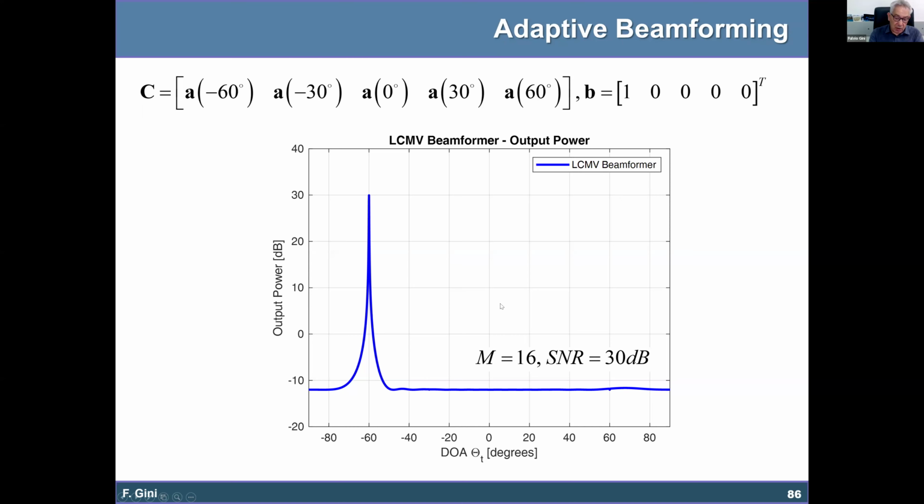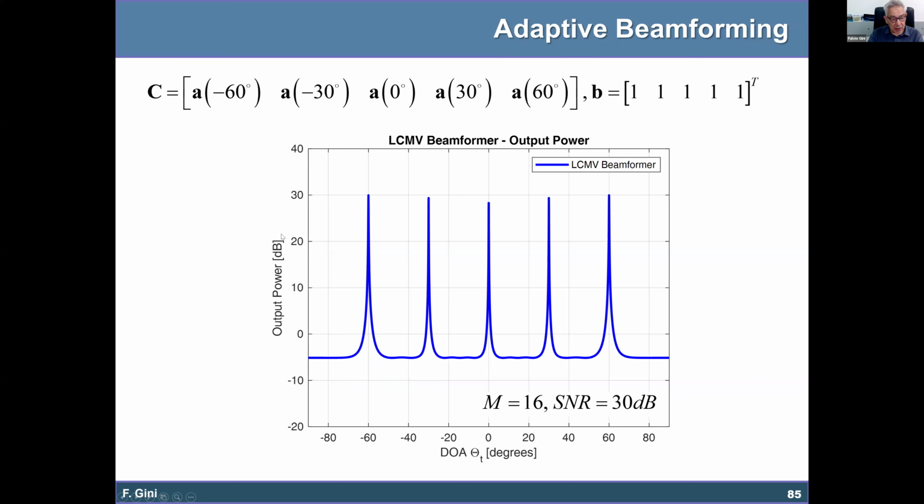Why? Because you kill the directional signal that is coming from 0 degrees, but then you have the noise that enters from the side lobes. So that's why you have this constant level. This constant level is the contribution of the noise that enters from the side lobes. But then when the target is coming from minus 60 degrees, which is the pointing direction, obviously you have a peak. So this is to explain this example.